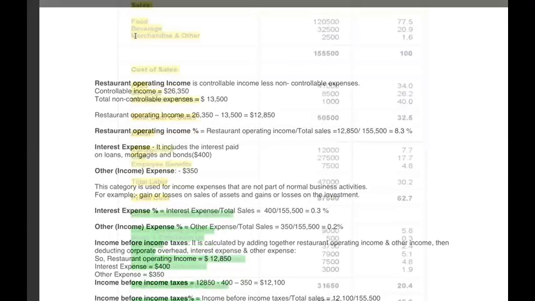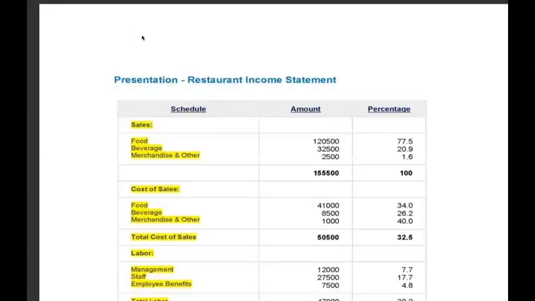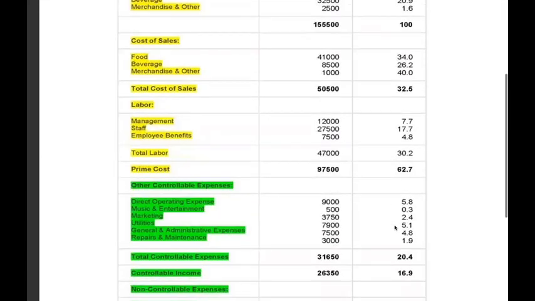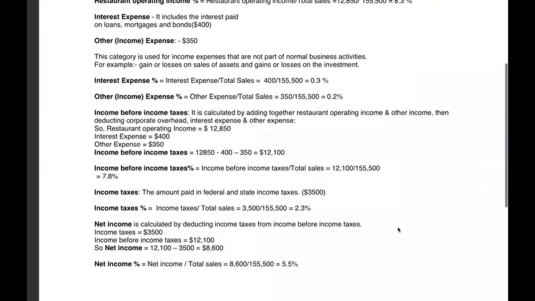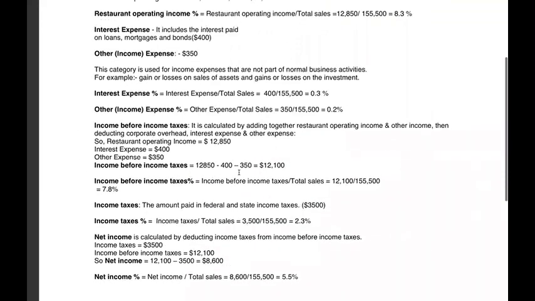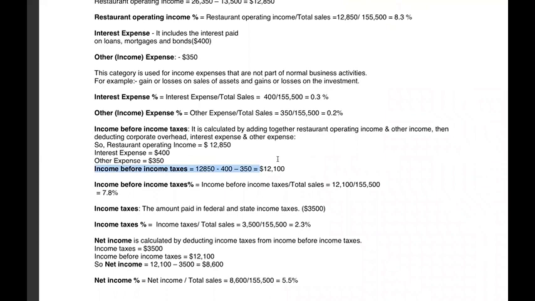Our restaurant operating income came to 12,850. We subtract interest expense, that is 400, and other expense, that is 350, which gives us income before income taxes of 12,100. So the income before income tax percentage is 12,100 divided by 155,500, which gives us 7.8%.